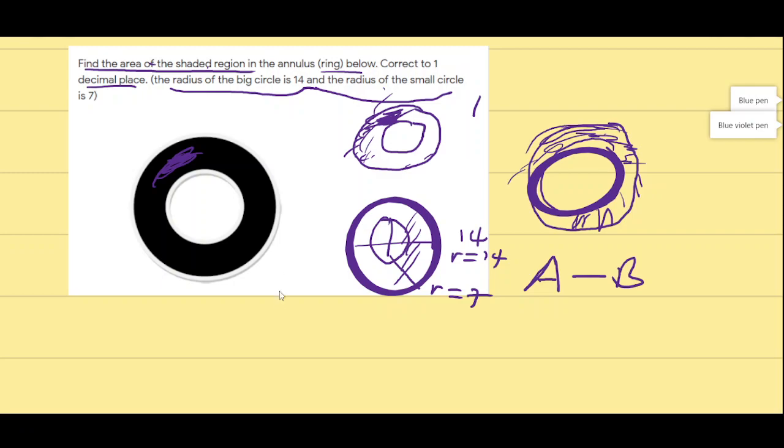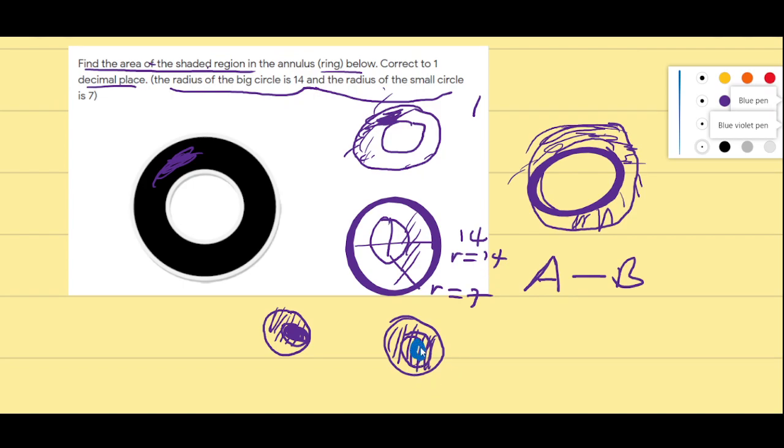Let me show you what I mean again. So you have a circle here, and let's say this is the area. If you have another circle here, and you take away the area of the small circle from the big circle, let's shade the small circle here.